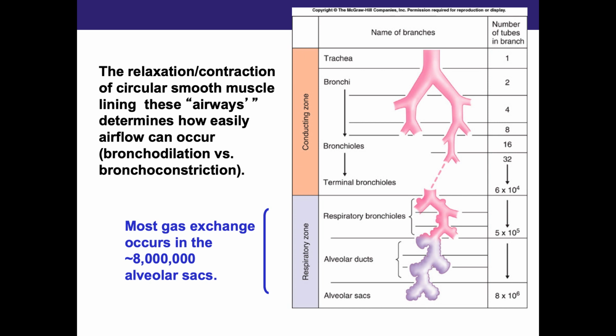That's called bronchoconstriction. Now, asthma is a perfect example of issues with bronchodilation and bronchoconstriction. A lot of times bronchoconstriction occurs which reduces flow into the lung. It's interesting with asthma that it's not about getting air into the lungs. It's actually about getting air out of the lungs, okay?